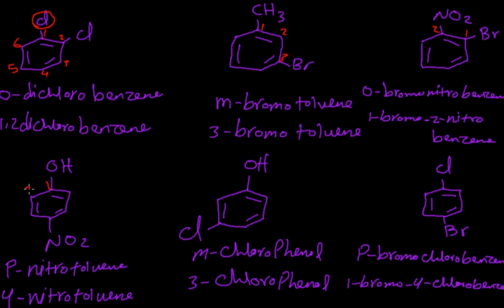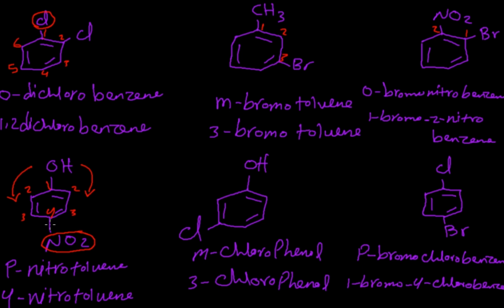We can number from here 1, 2, 3, 4, or vice versa. If you go this way or that way, it doesn't matter. It will give you the same result in the end. But the main point here is that you have to decide on your parent compound. The parent compound here is the benzene ring containing the OH, and NO2, the nitro group, is just a substituent.